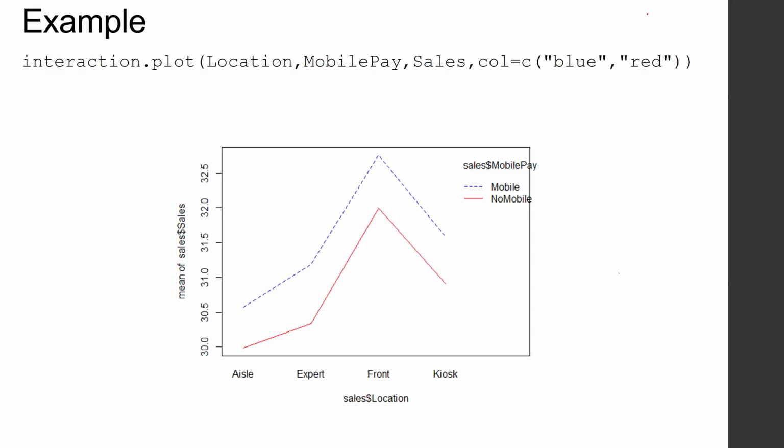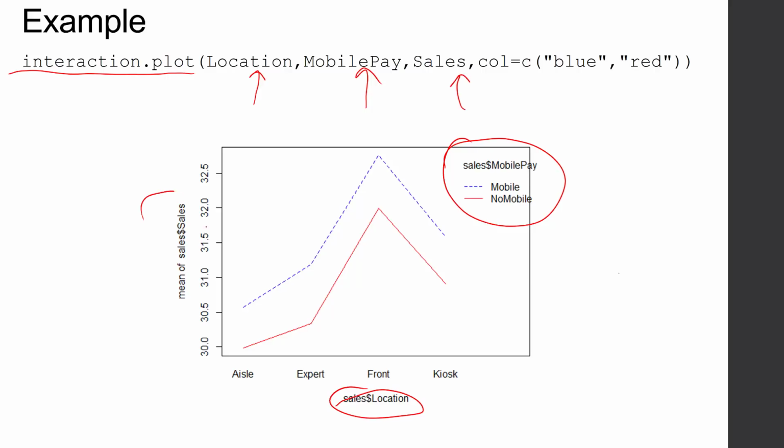All right, so the first thing I did was run an interaction plot in R. The command for that is interaction.plot. The first variable here is the one that goes on the x-axis. The second variable is the separate lines on this picture, and the last variable is your response variable. Remember, we're trying to use location and mobile pay options to predict sales.